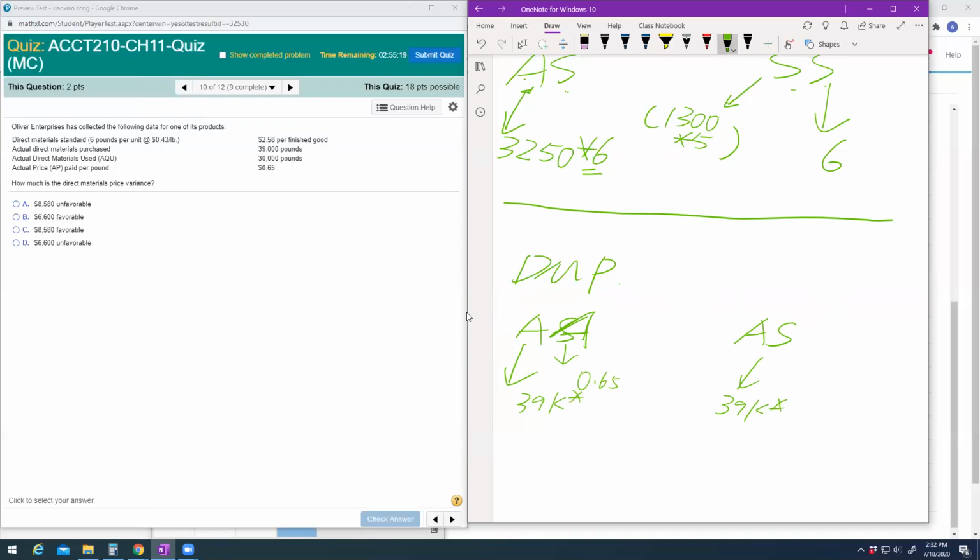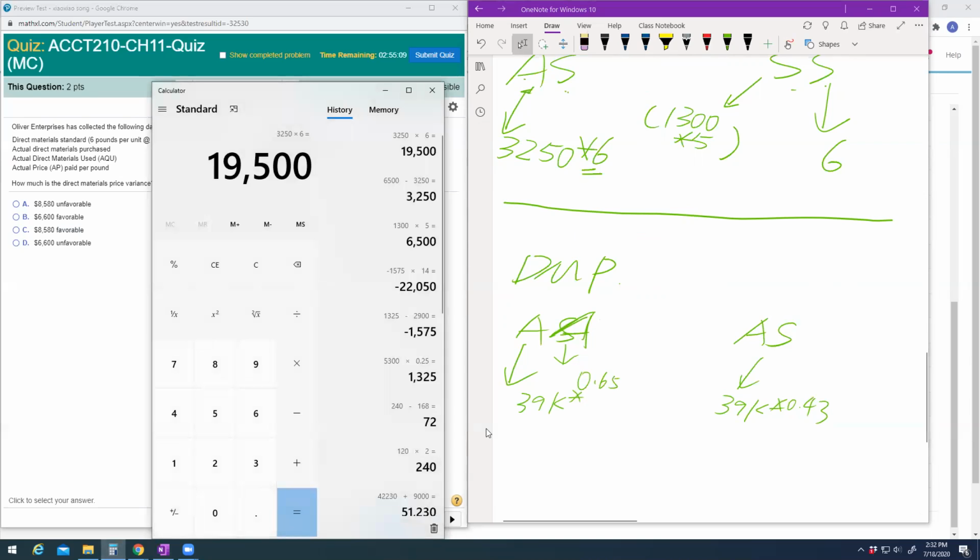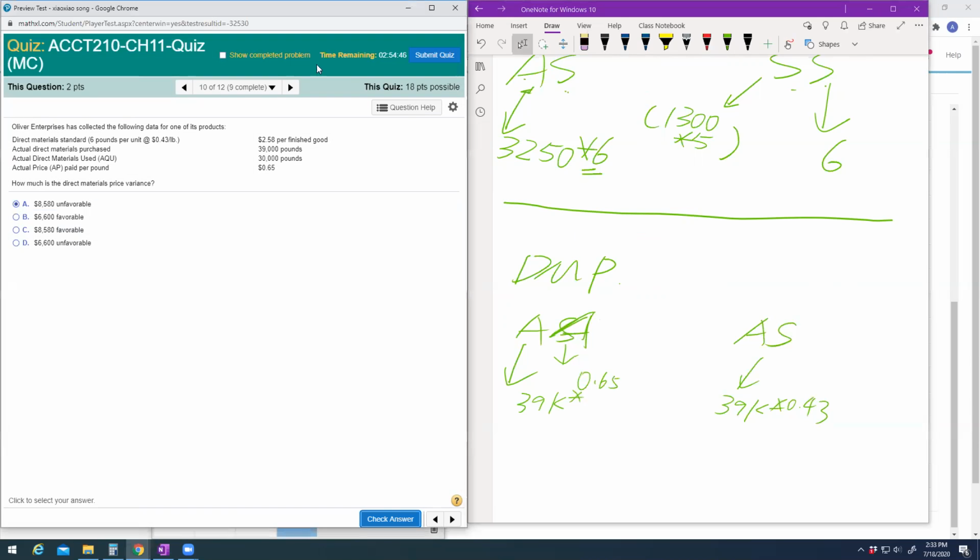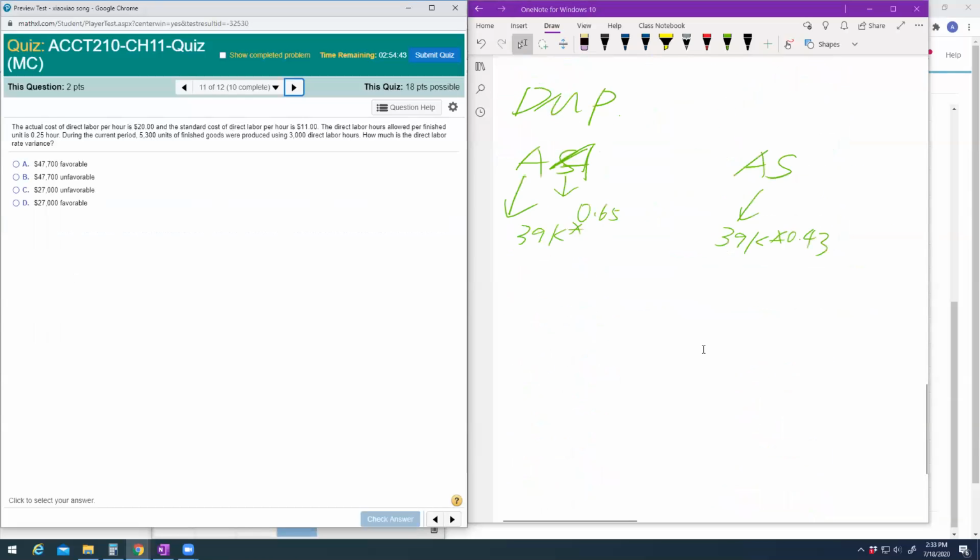Standard is 0.43. So you definitely have an unfavorable variance, because standard is 43 cents but you paid 65 cents. Each one you paid 22 cents more. You know it's unfavorable, but how much? 22 cents times 39,000 is 8,580 unfavorable.